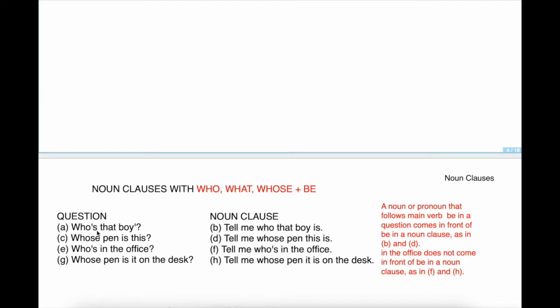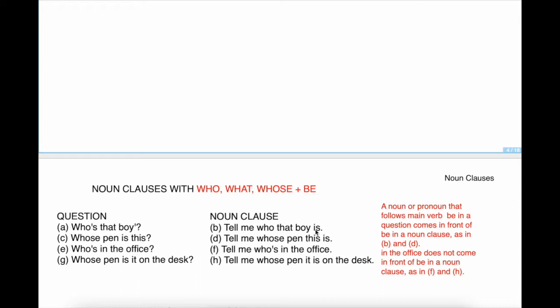Who is that boy? This is a sentence by itself. Boy is the subject, and we are asking about that boy. If I want to use this sentence in a noun clause, I can say, tell me who that boy is.